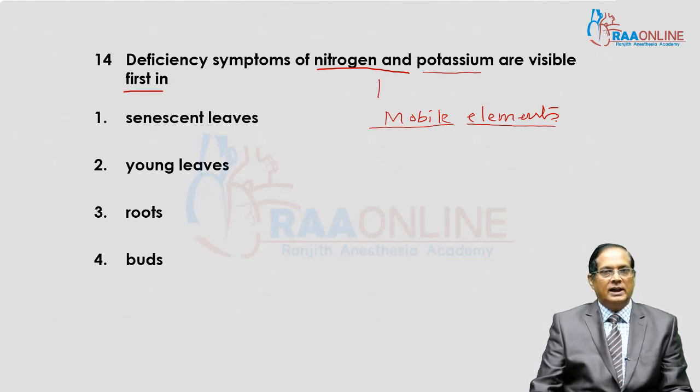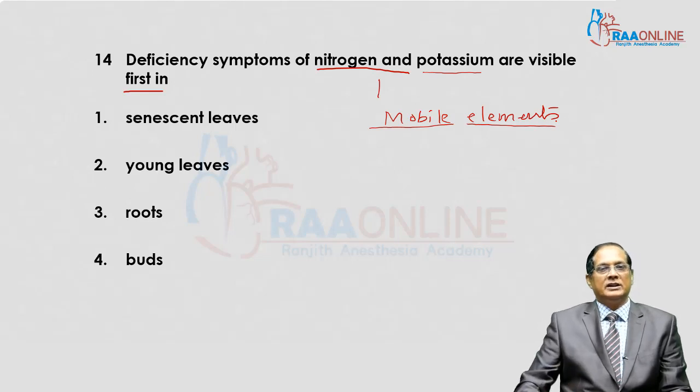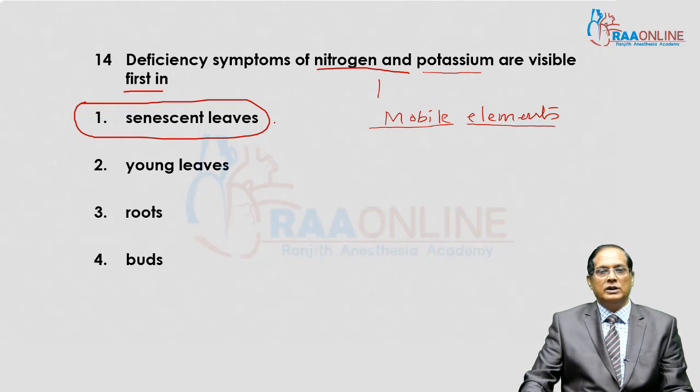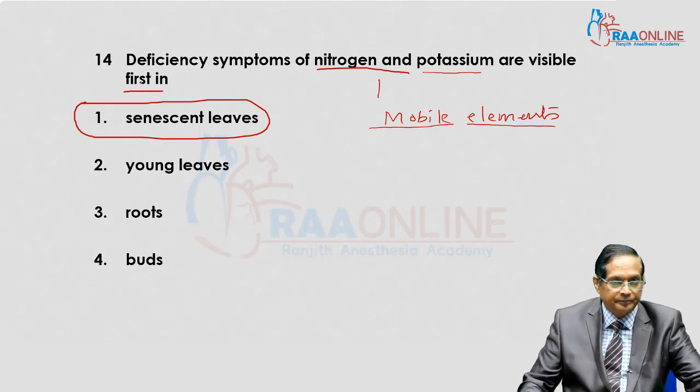So that's why their deficiency is seen in senescent leaves. Older parts do not receive that particular quantity because they are mobile and easily trapped by the developing tissues. So the first option is correct in this regard, and senescent leaves are the older tissue.